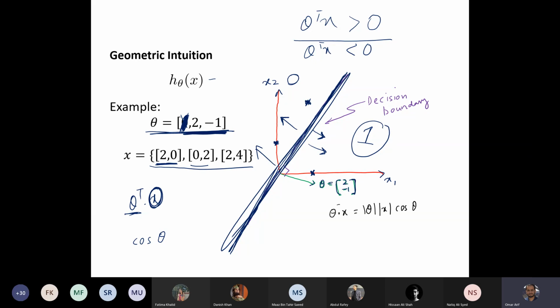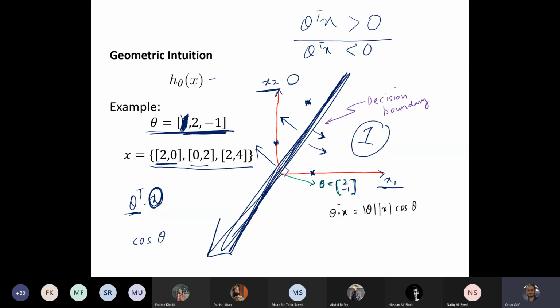Okay, so this is the geometric interpretation of your hypothesis function. In a simple case, जब आपके पास दो features हैं आपके x में, two dimensional. अगर multiple features हैं, तीन features हैं, no problem, you will have a third feature here, but then you will have a plane, not a line but a plane separating the boundary.